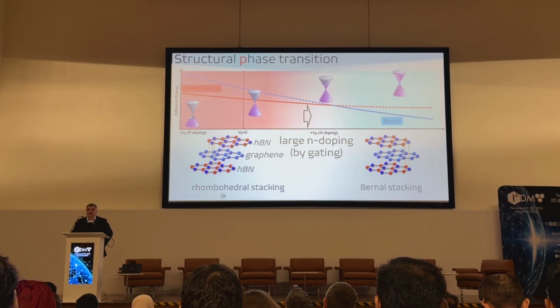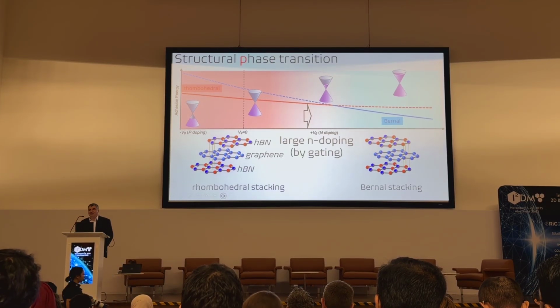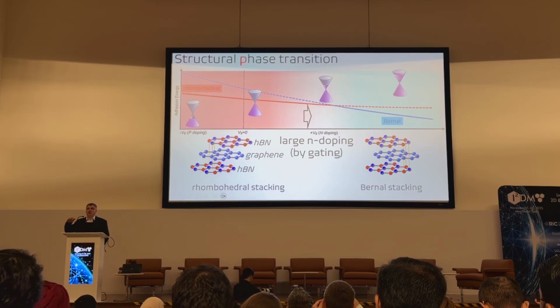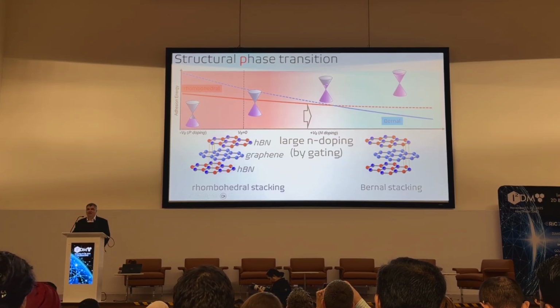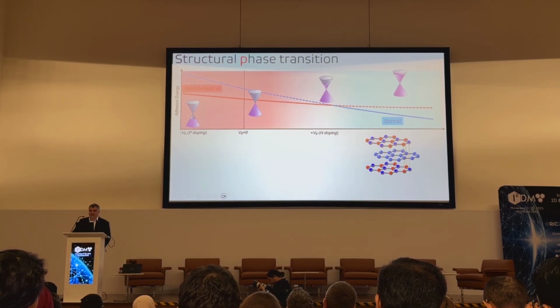And it turns out that it depends which one wins, ABC or ABA configuration. It depends a lot on the charge on your graphene, which is not possible to do in the tri-layer graphene, but we can do it in this heterostructure.